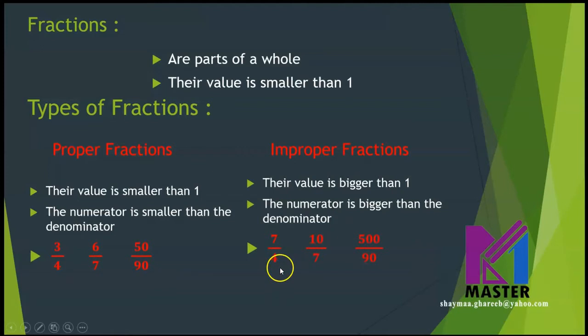Examples: 7/4, 10/7, 59/0. So all of these fractions are improper fractions. The numerator is greater than the denominator, and the value of all of them is bigger than 1. So each one of them is bigger than 1, and each one of them is bigger than any proper fraction.